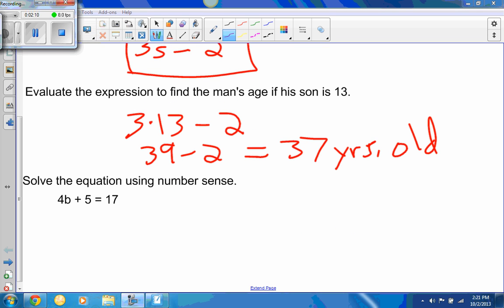The next thing that we're going to do is look at this two-step equation, and we're going to try to solve it using number sense. So using things that we know to try to find the answer without actually using the steps involved.